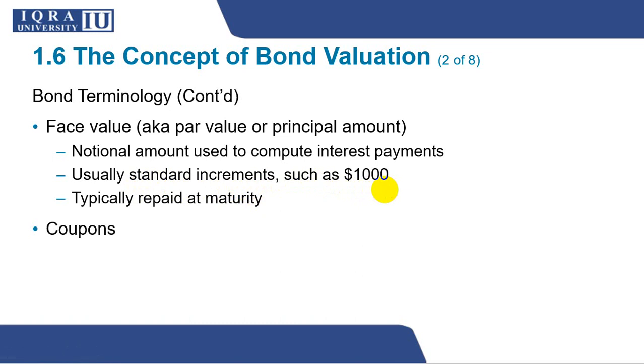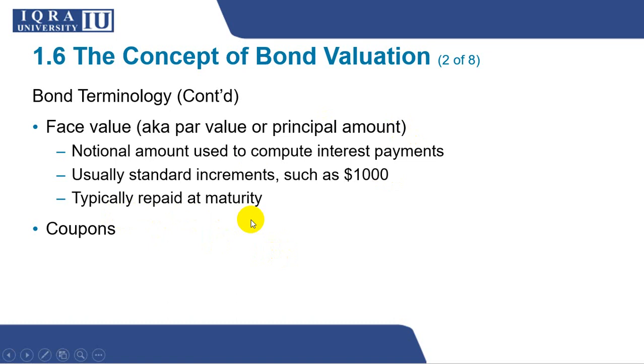When you raise money from the public by issuing bonds, the bonds will be in multiples. You will give a certificate of $1,000. There is nothing in between 1,000 and 2,000. If you are giving two certificates, it means it's $2,000. It is typically repaid at maturity.